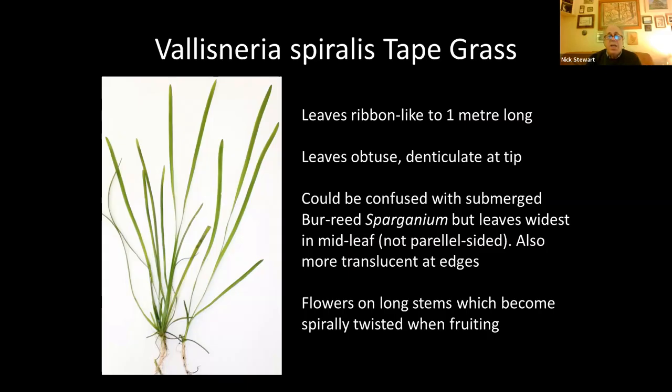The species name is spiralis because the flower stems curl up into a spiral when it starts fruiting. Quite a rare occurrence. I think it's probably only established in one canal in southern Britain, but you never know. You'll find this on sale in garden centres, and there's every possibility that it might turn up in other places.